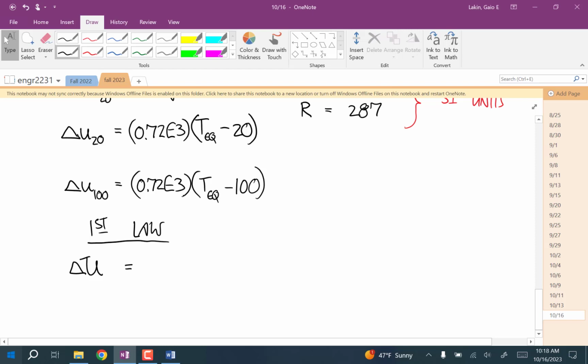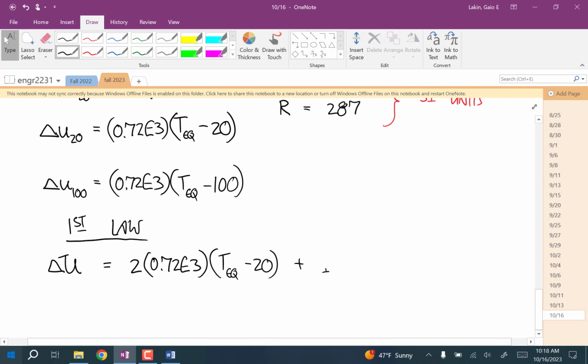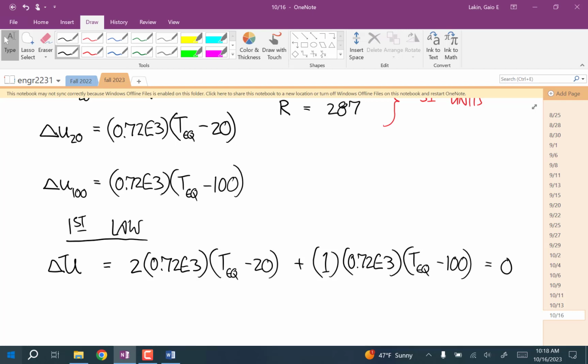So you have 2 times 0.72 times 10 to the third times T minus 20 plus 1 times 0.72 times 10 to the third times the quantity T minus 100 is equal to 0, because since it's isolated, you can't have any total change in energy.